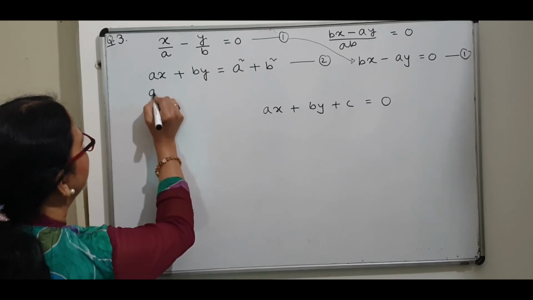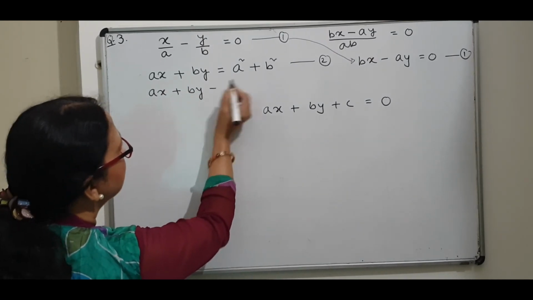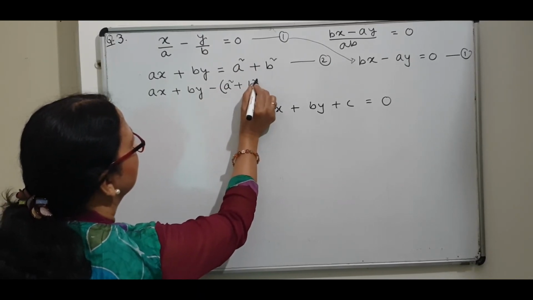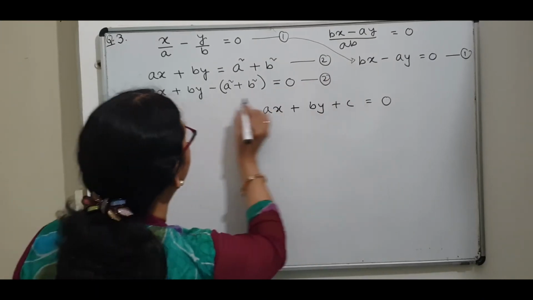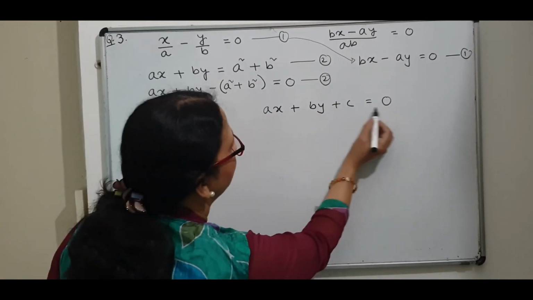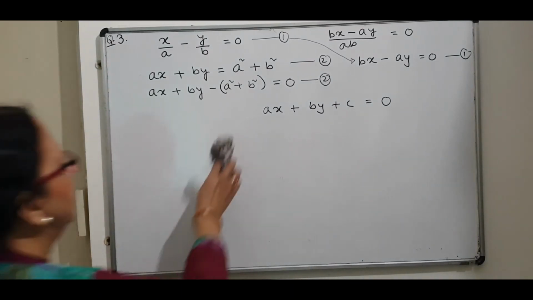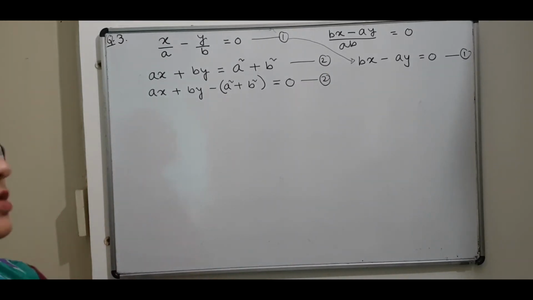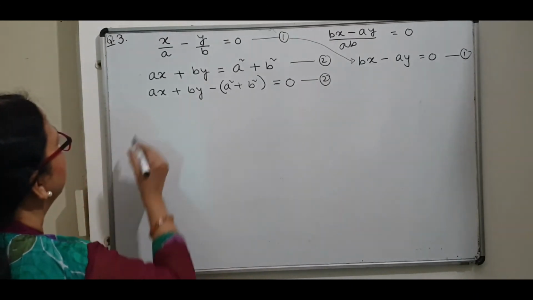So ax plus by minus this whole thing I can write in this way. So equation 2 is expressed now in this form. After writing this in the standard form, we will be able to solve by the method of cross multiplication without mistake.